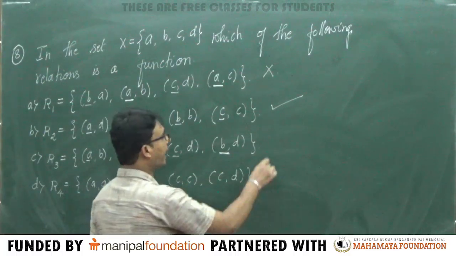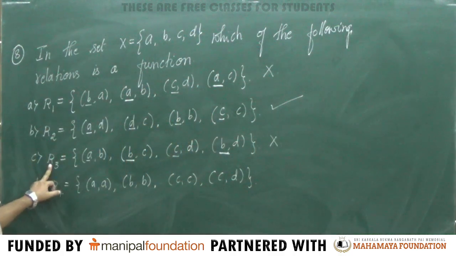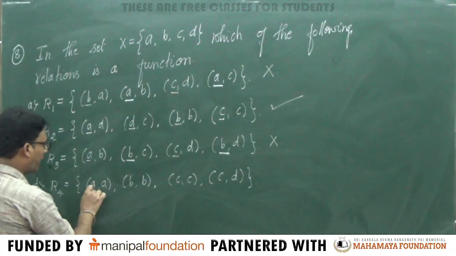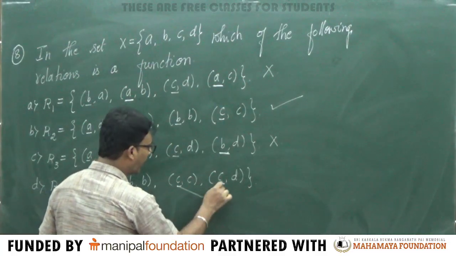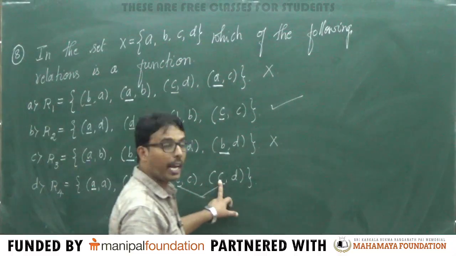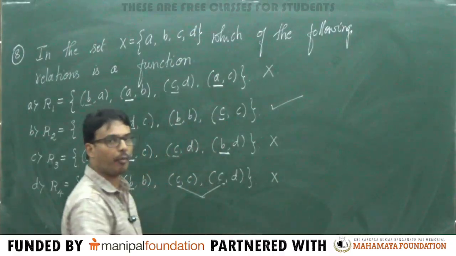It is against the definition of a function. Therefore, R3 is not a function. In R4, read the first elements: A, B, C, C. That is, the element C is repeating twice. That is, the element C has two images again. It is against the definition of a function.